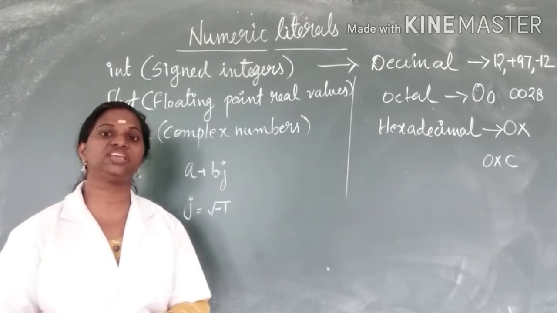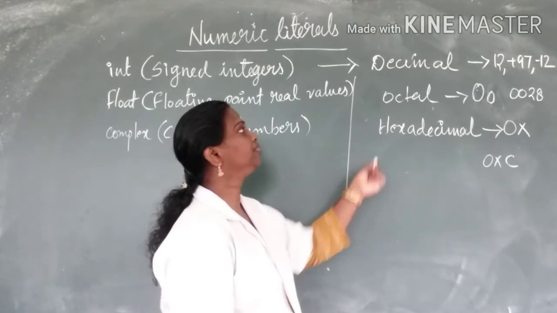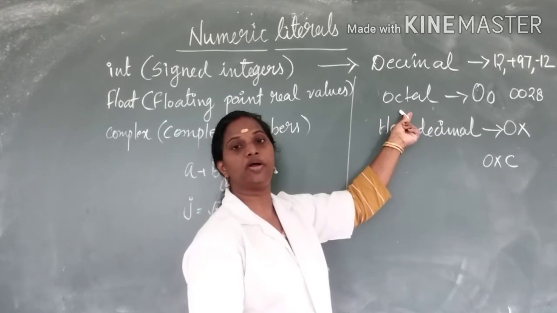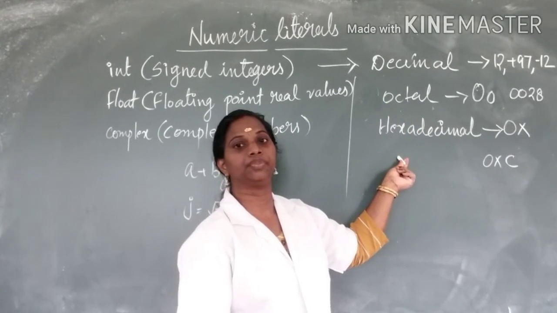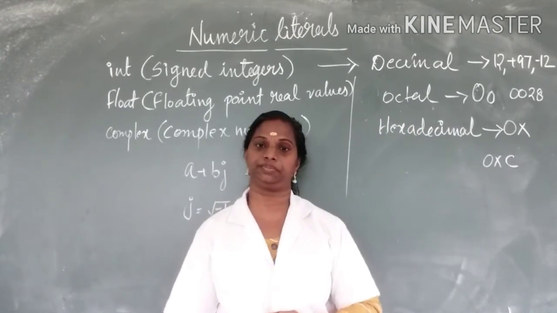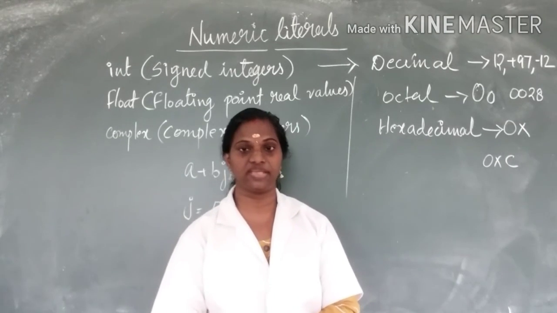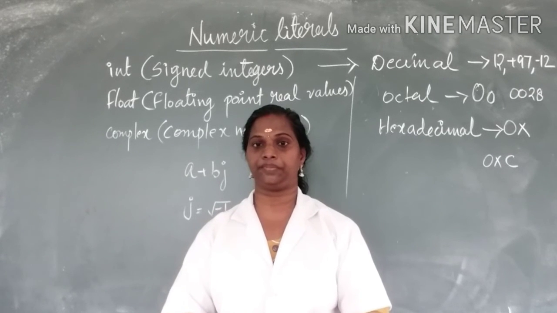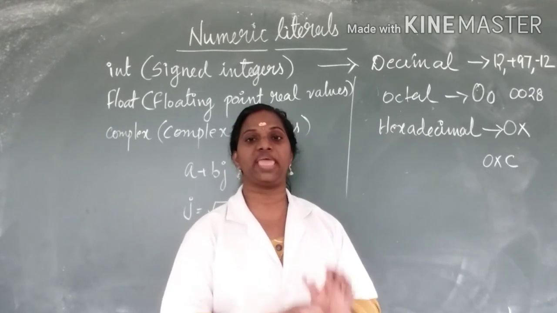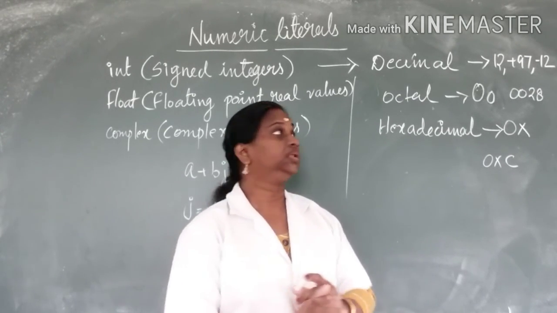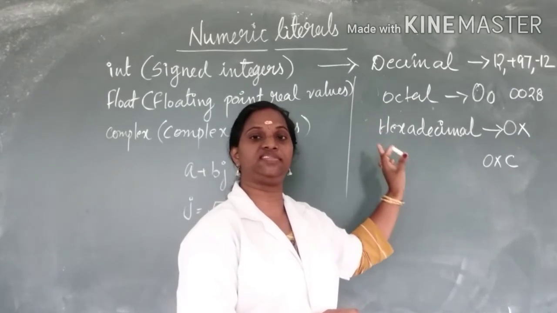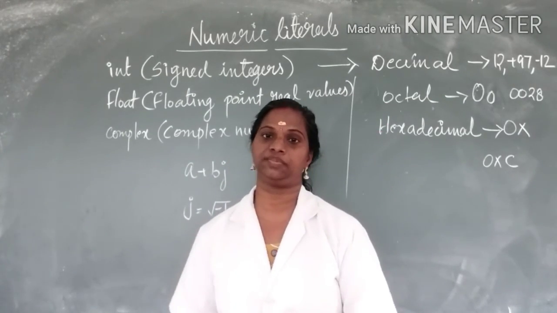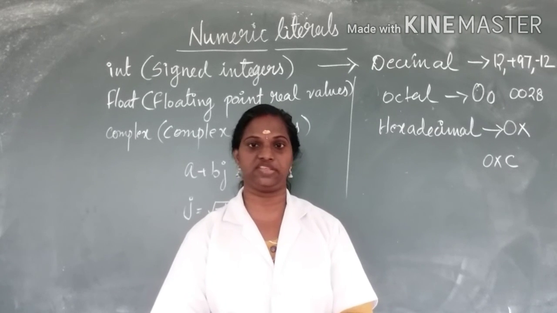The integer is again divided into three: decimal integers, octal integers, and hexadecimal integers. Clear? Integers are a sequence of whole numbers. They will be either positive or negative. The first one is decimal integers.